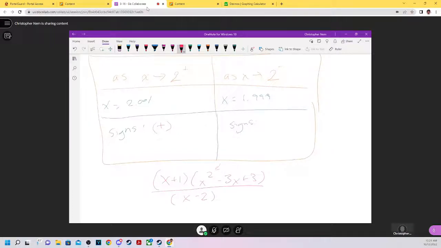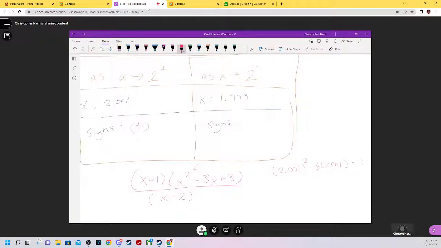Is this going to be positive or negative? This is around 4.0001 minus 6.0001, I might have added an extra 0, so I apologize, around there, plus 3.